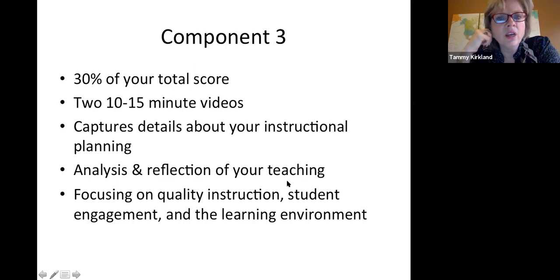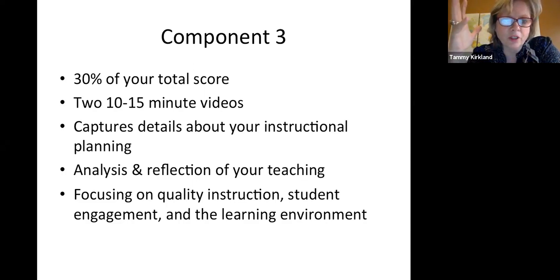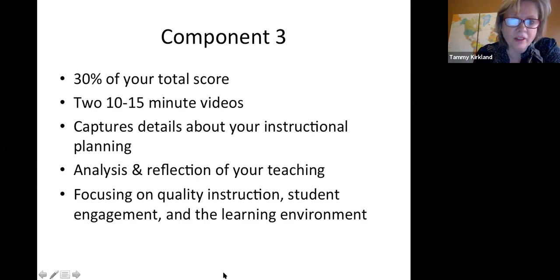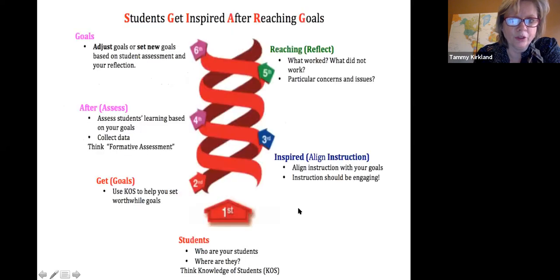And I will tell you that component 3 is basically the same for everyone. Component 2, boy, that is different for absolutely every certificate. But component 3, we're all basically doing the same thing, but keep in mind, we have different standards. So that means it'd be, you know, a little bit different for yours.